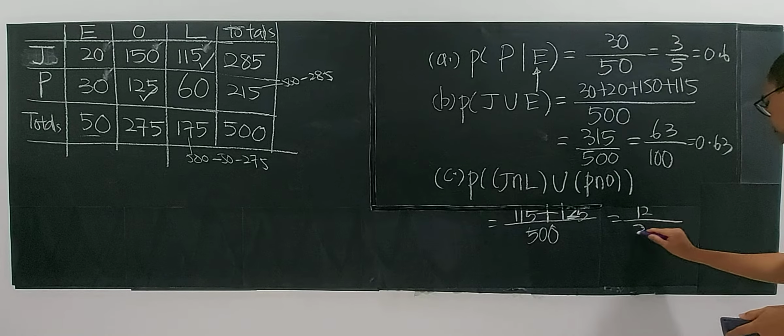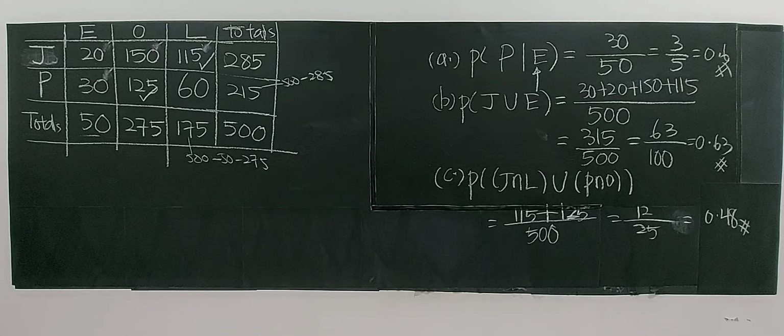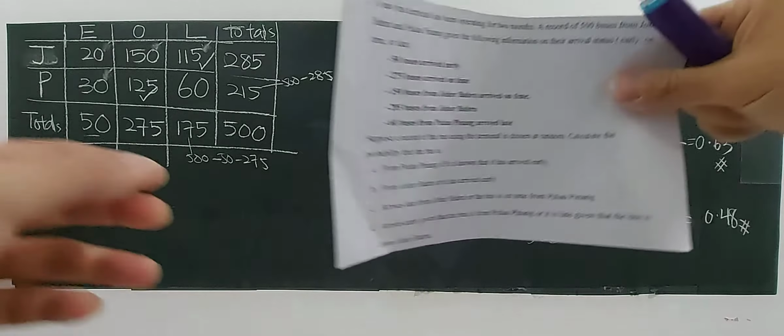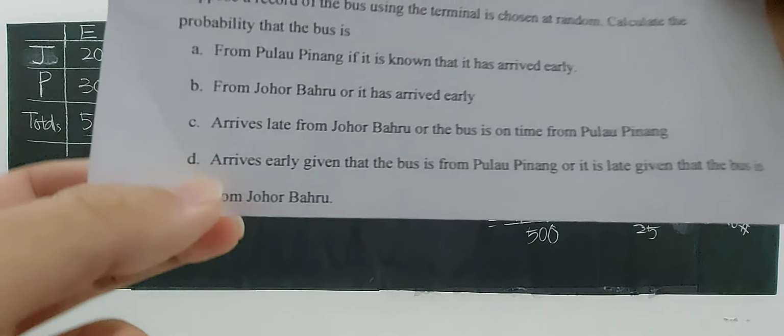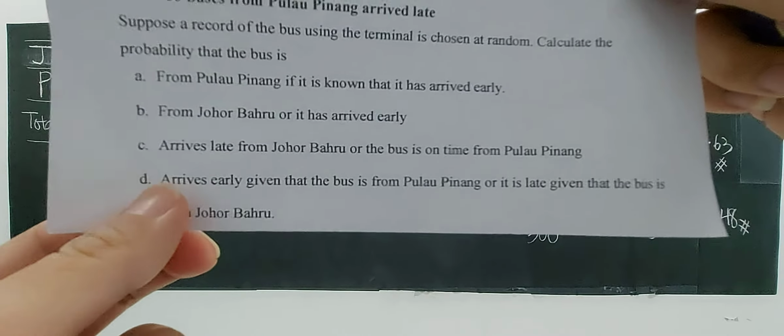12 over 25 or 0.48, right? 0.48. Very simple. Now look at the last question here. Arrive early. We have to be very careful about the sentence given.